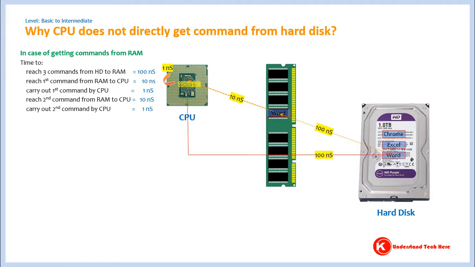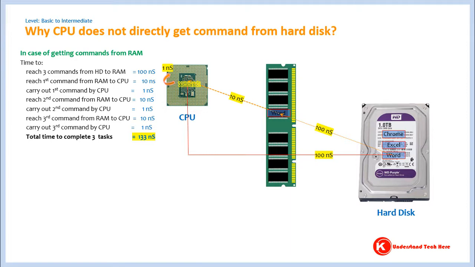Time to carry out the second command by CPU, 1 nanosecond. Time to reach the third command from RAM to CPU, 10 nanoseconds. Time to carry out the third command by CPU, 1 nanosecond. So, total time to complete 3 tasks, 133 nanoseconds.